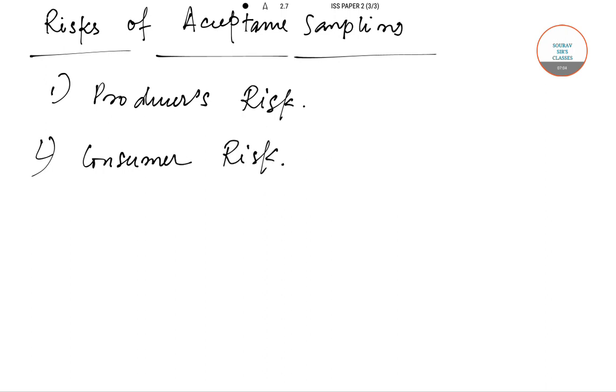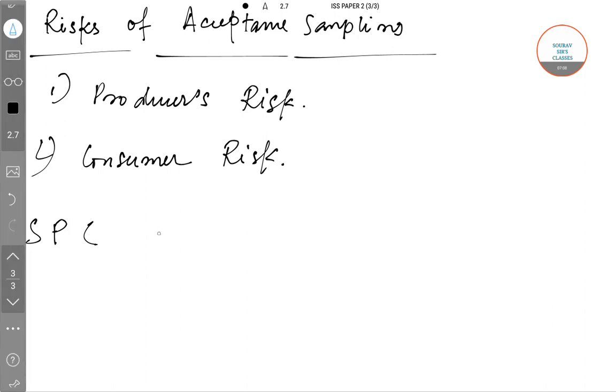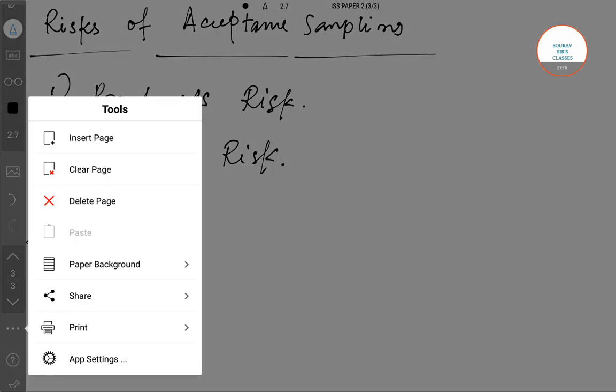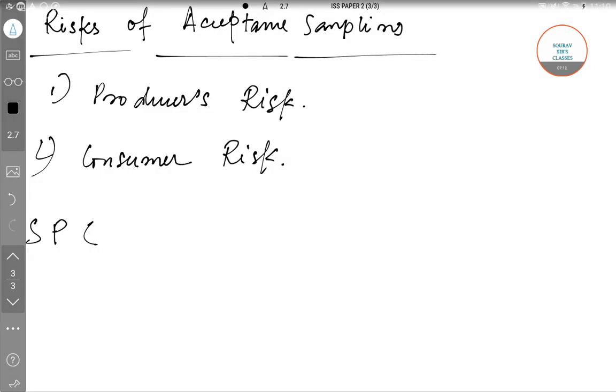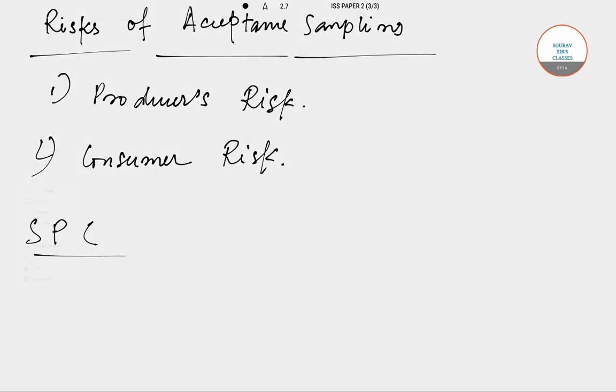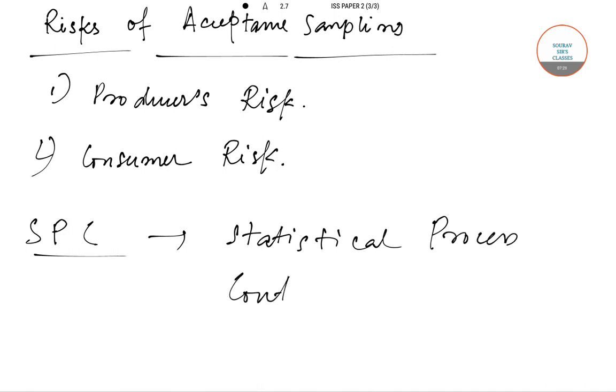Now we'll move to SPC. SPC is statistical process control. Now, what is statistical process control? As you see, we are using industrial statistics here.